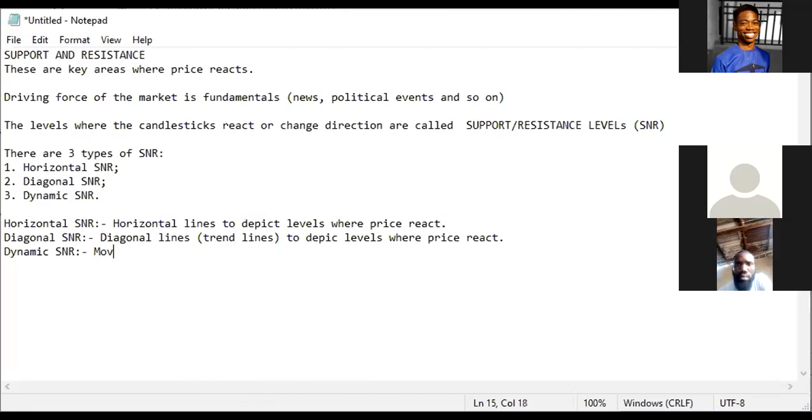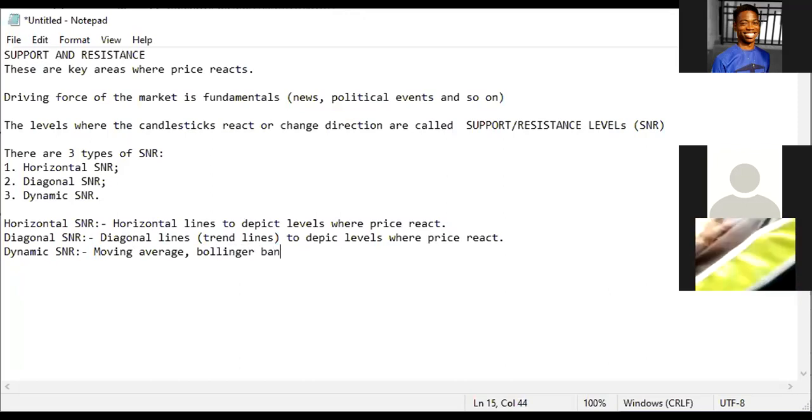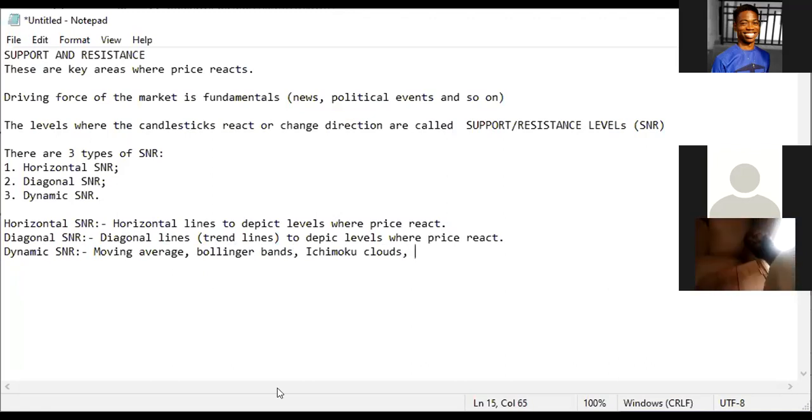That is your moving average, Bollinger Bands, Ichimoku, and so on and so forth.